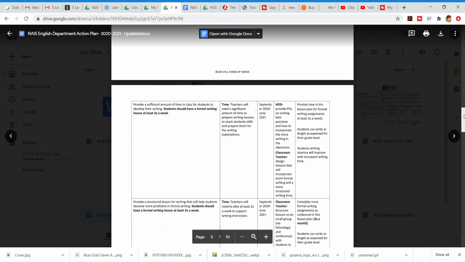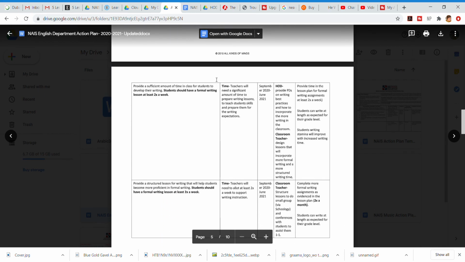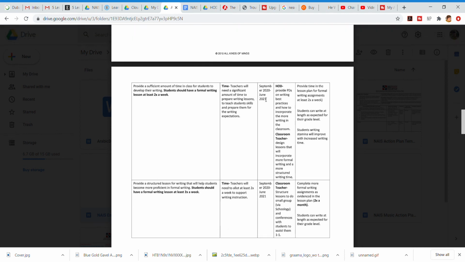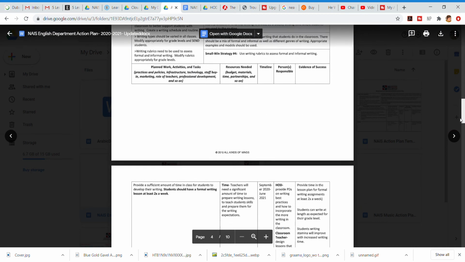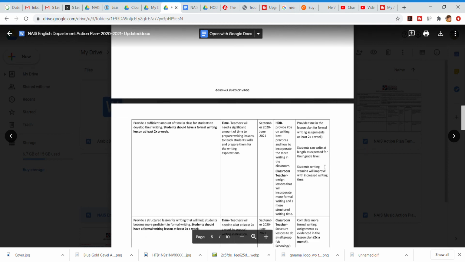And then it's even more into detail here. Two times a week, our time frame, HODs, classroom teachers, students' writing stamina will improve. Students can write at length as expected for their grade level. I will say here for the evidences, I'm going to have to give feedback that I need more information.